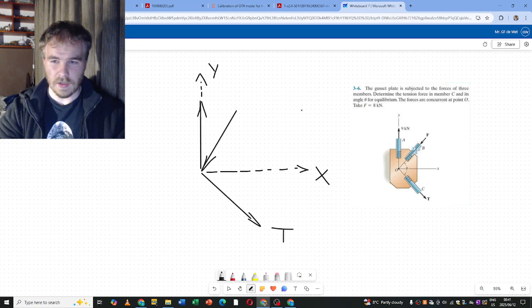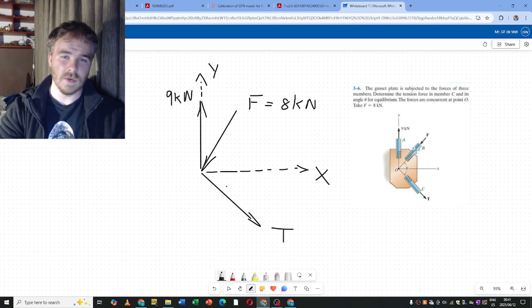This force is F, this is T, and this one, let's just say it is 8 kilonewtons. This one is 9 kilonewtons, and I don't give it a name, which is a little bit annoying, but that's fine, I suppose.